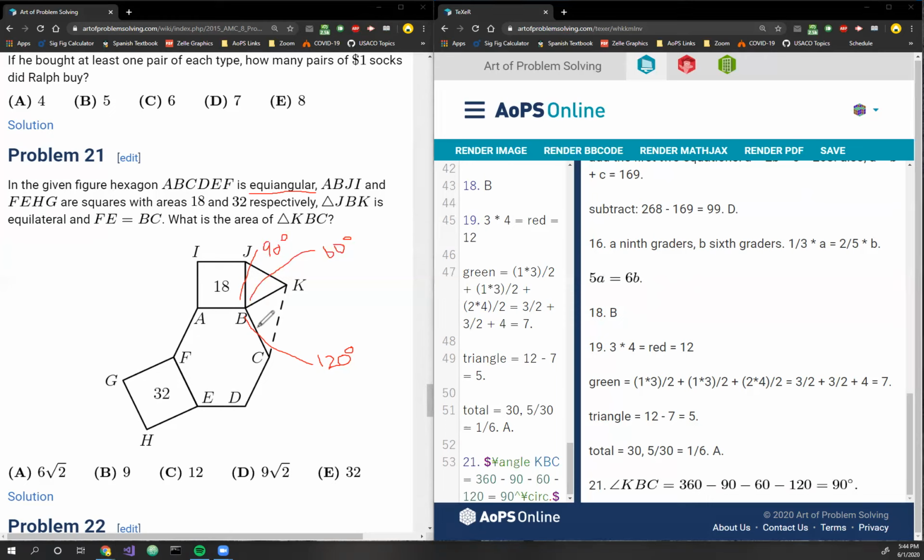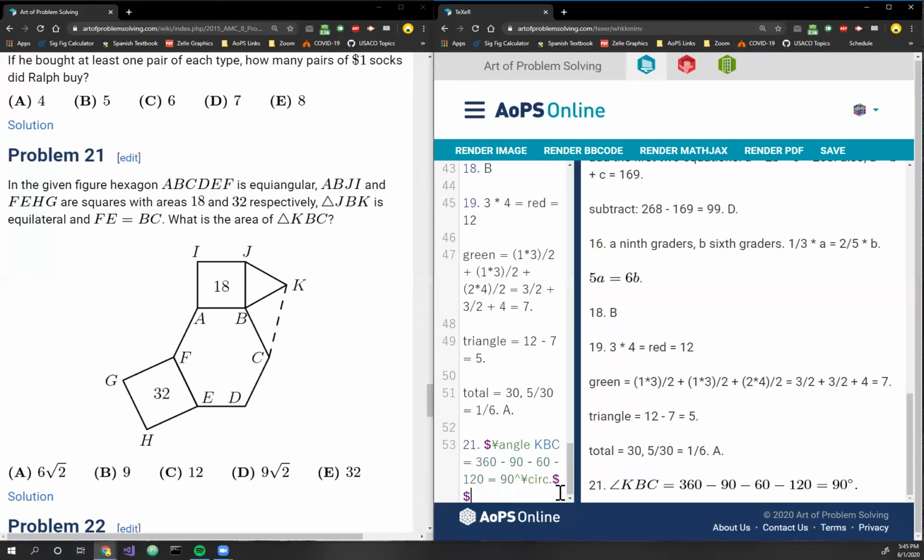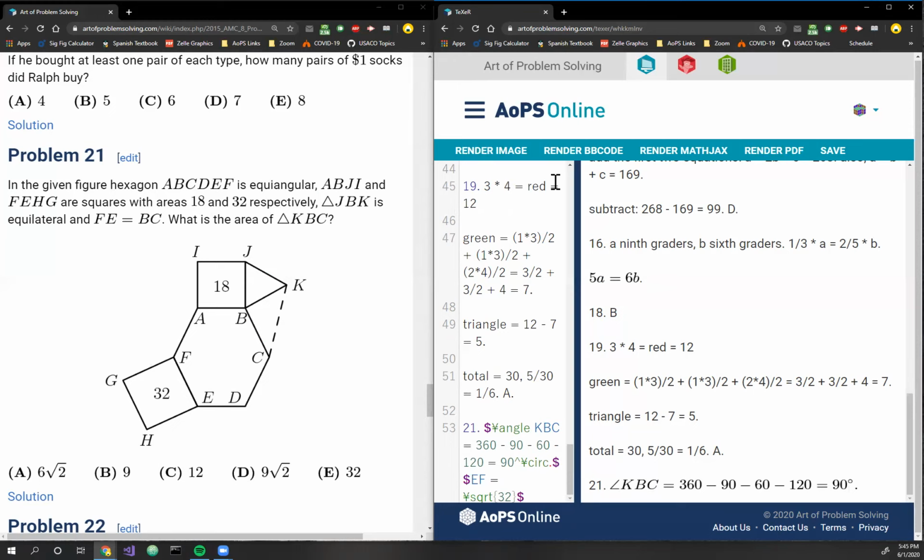And also, we know that this length is square root 32. Wait, I can't even write it. I'll just type. Okay, so we can also write that EF is equal to the square root of 32.